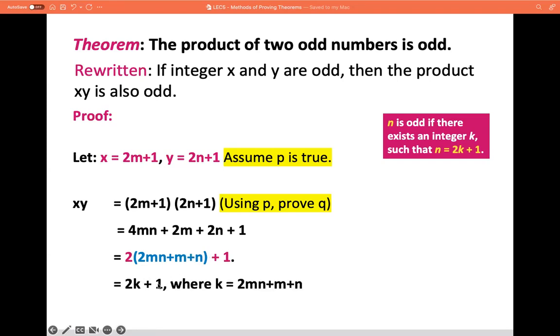And we can rewrite it with this form 2k plus 1, where k is equal to 2mn plus m plus n. So since it has the form of an odd number, then we can say, or we have proven, that the product of two odd numbers is indeed odd.